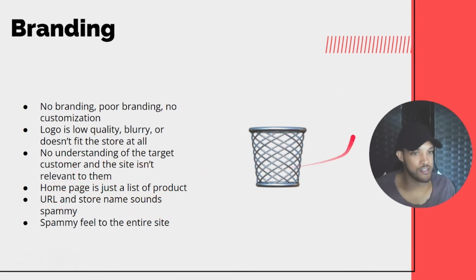Your homepage says a list of products, no story. Your URL is like discounts.com. These are all things that factor into the branding, the manual review, and if Google allows you to be on their site. Overall, it's a spammy site. Would you sell stuff to your mom on your site? If you say yes, then you probably have a brand.